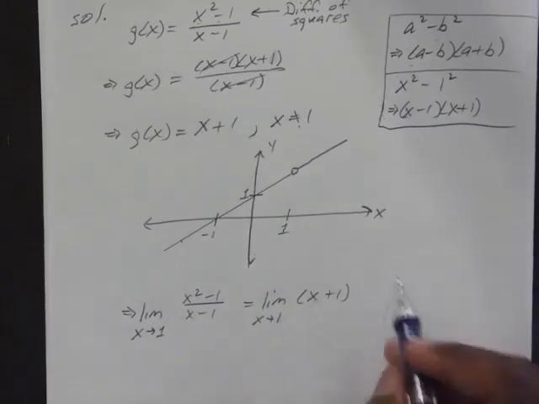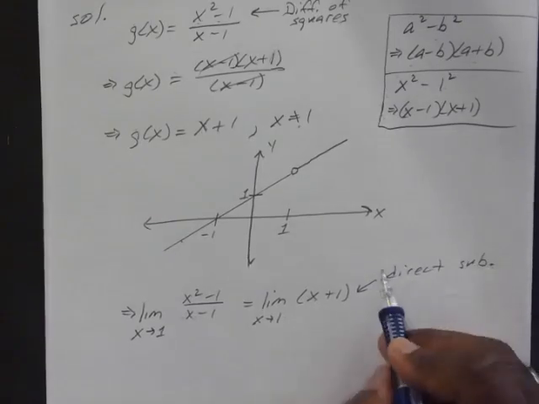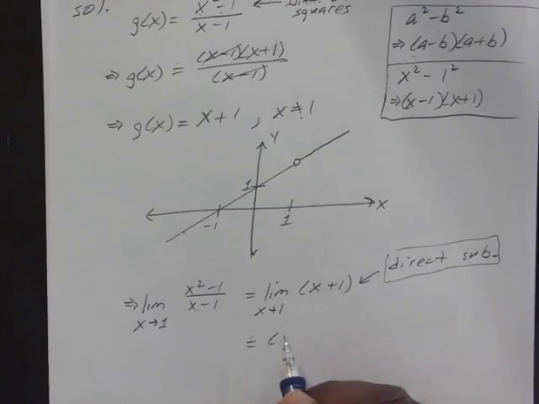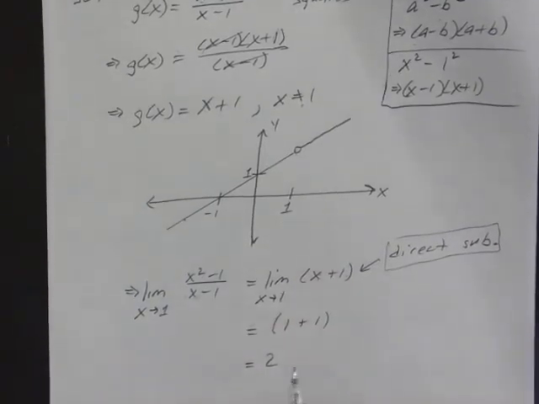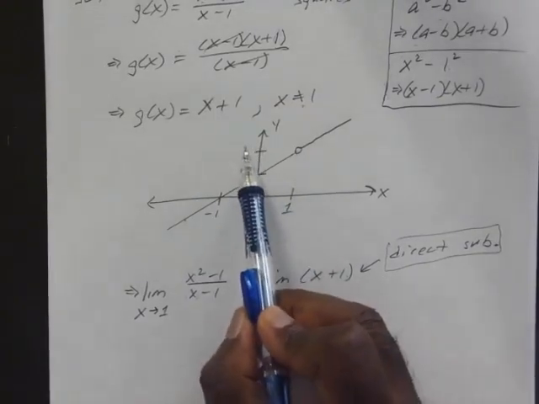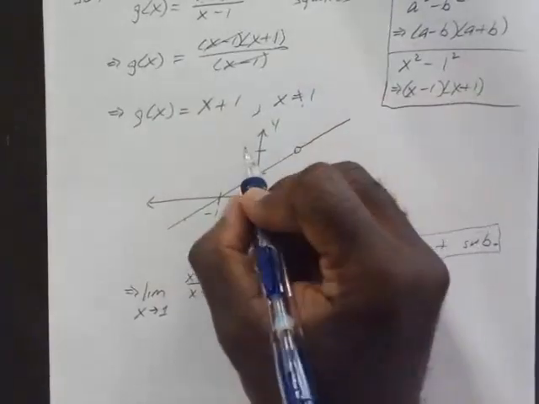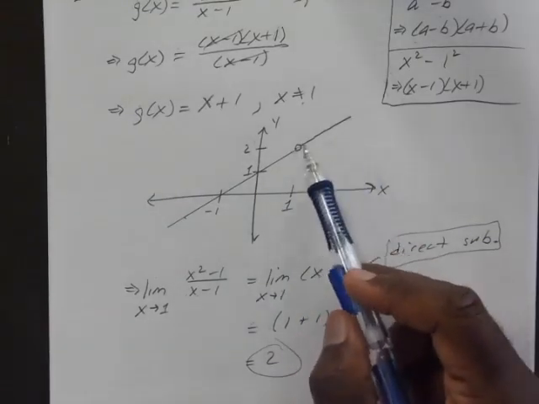So if you use direct substitution, since you couldn't use it at the very beginning, that gives us 1 plus 1, which is just 2. So we know right here, that value where it's undefined, that's a 2. From the left, the limit is 2, and from the right, the limit is 2.